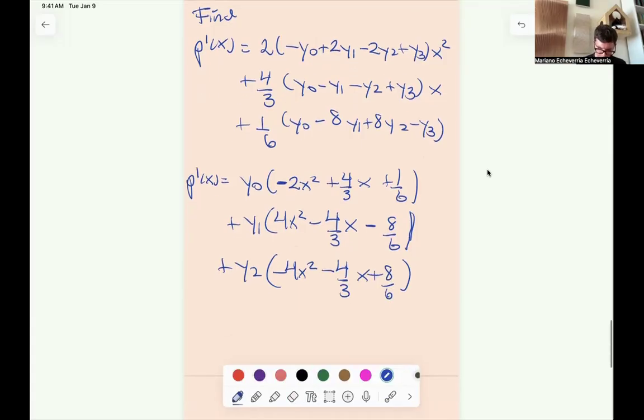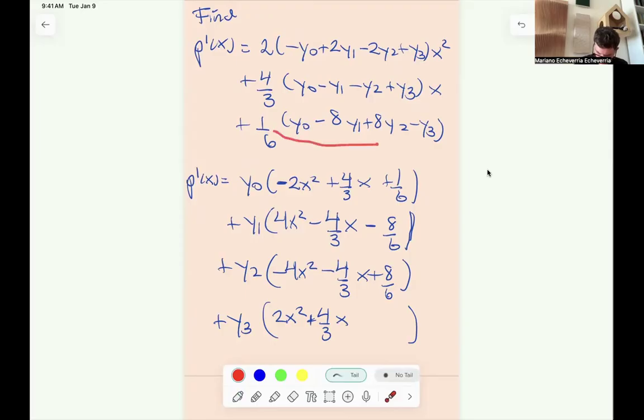And last one, what has y3? With y3 you have 2x squared, and then 4 thirds times x, and then minus 1 over 6.